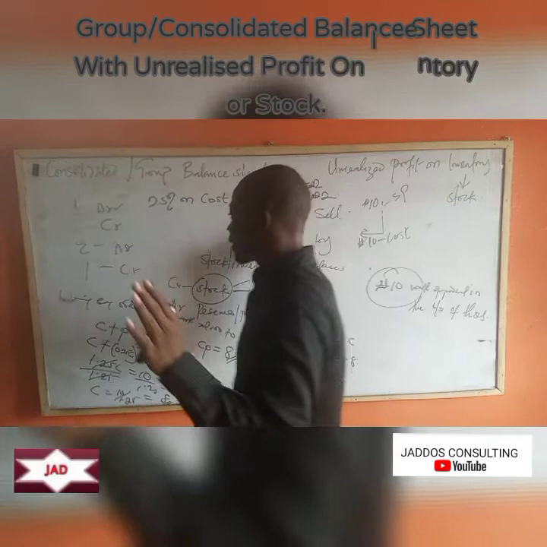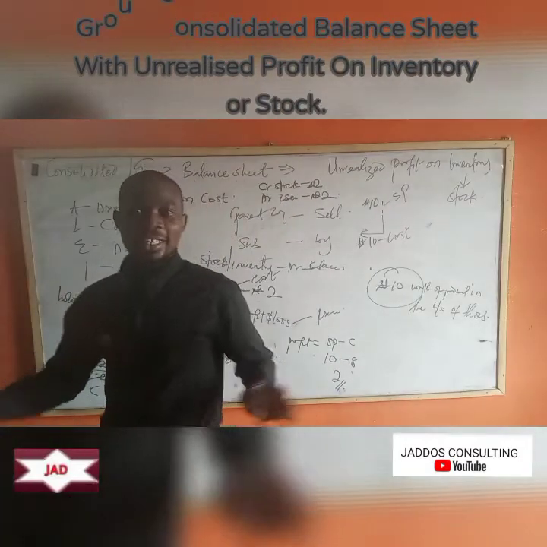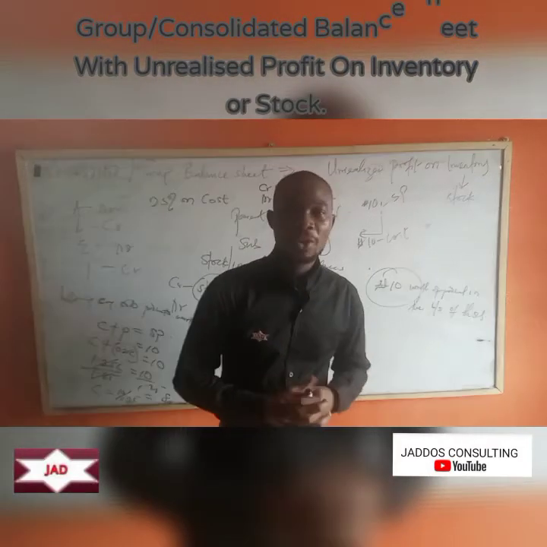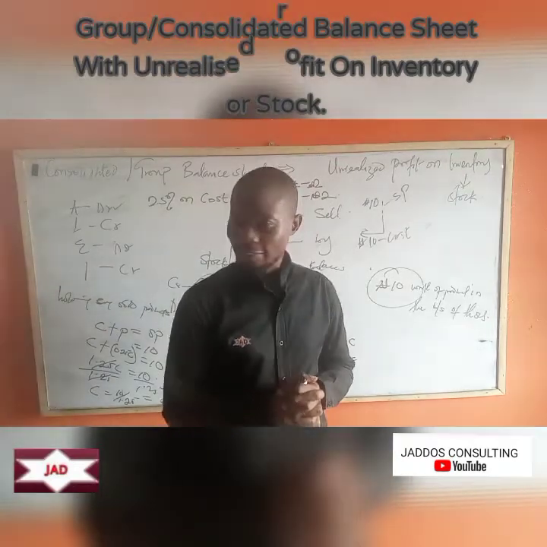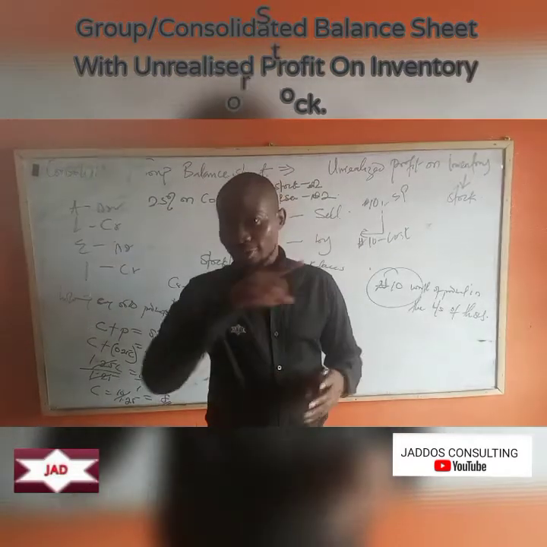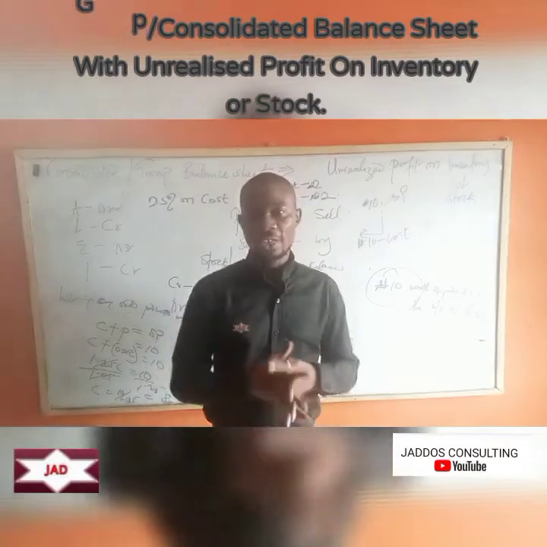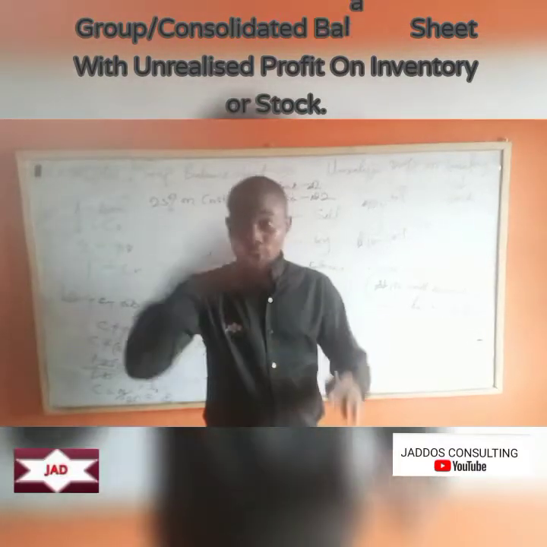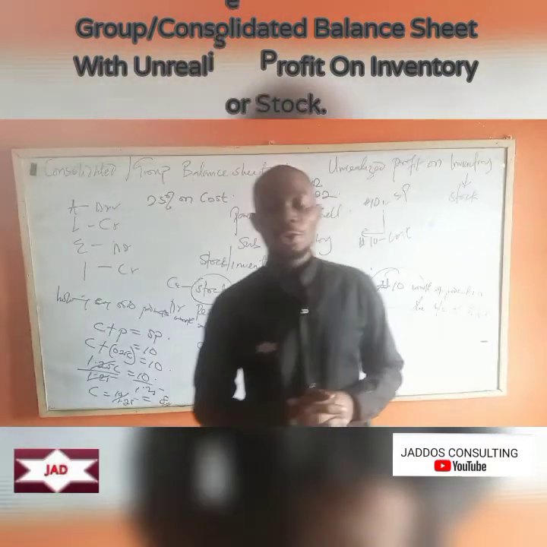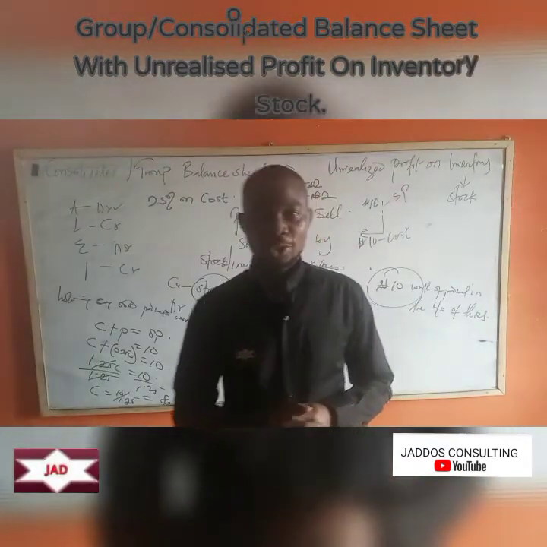Open your various T's, take your entries, and then go ahead and prepare your consolidated balance sheet. I do not think that I should start opening it because I've done that in a video class, so you understand that already. So I just go straight to using the consolidation schedule to illustrate what we're saying.